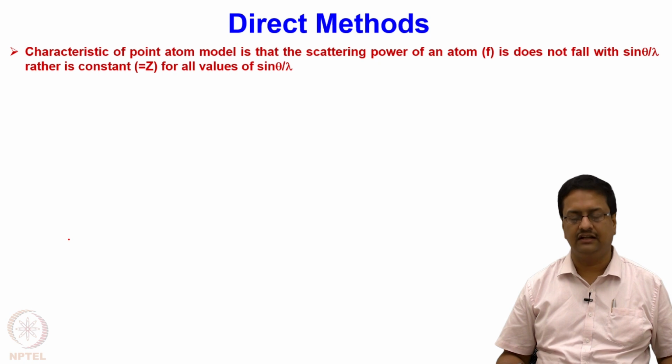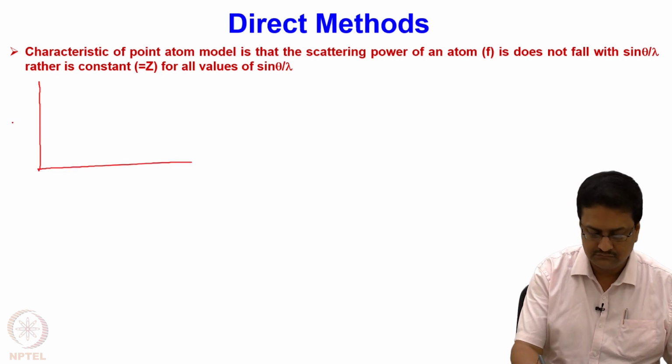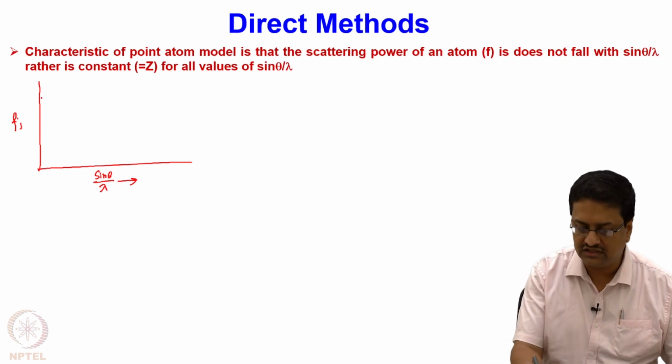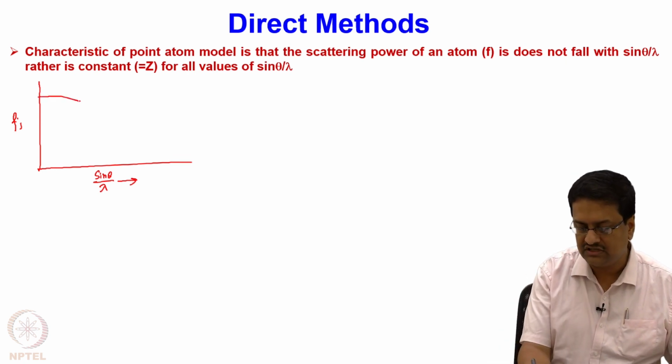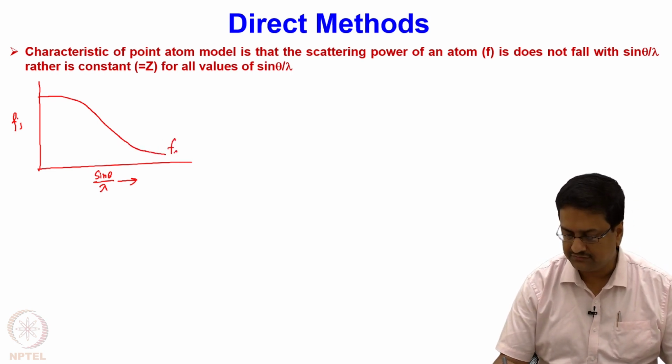With this understanding, if we try to plot the scattering factor f_j with sin theta by lambda, in the general case f_j should fall like this with sin theta by lambda, that is for f of an actual atom.